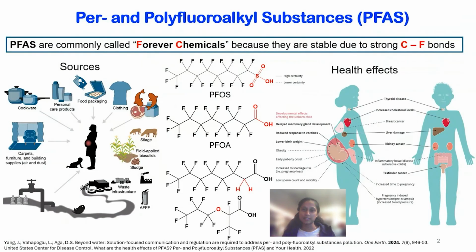So if we think about where to find this, it's everywhere. If you eat pizza, you get it, and if you have a waterproof raincoat, then you have PFOS. So it's basically everywhere.